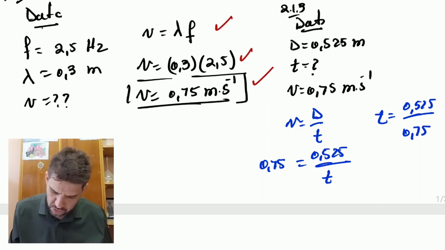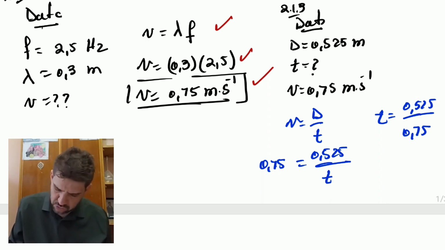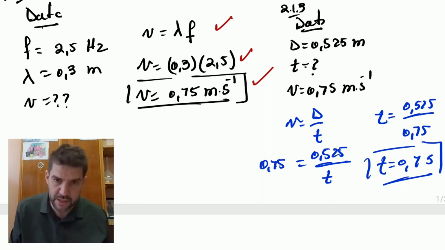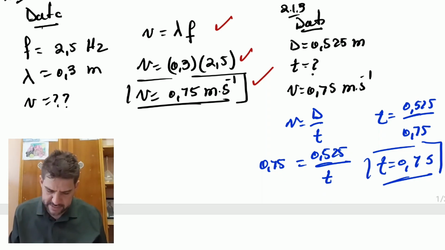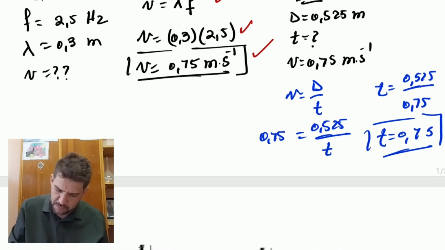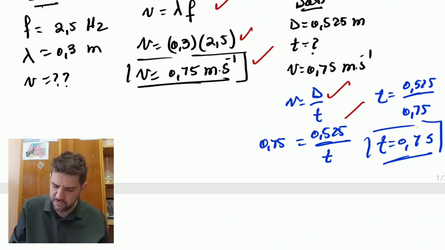So you go there. The answer is going to be 0.7 seconds. That is the final answer for this specific question. So marking wise, let's have a look because it's important. It's also 3 marks. It's 1 for the formula, 1 for the substitution, and 1 for the final answer.